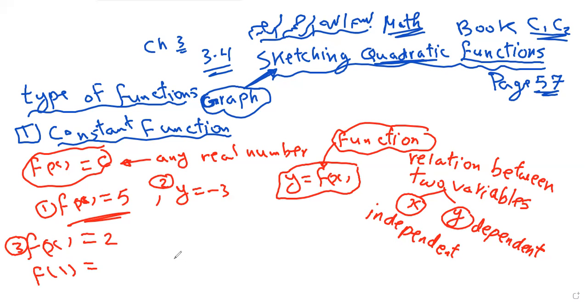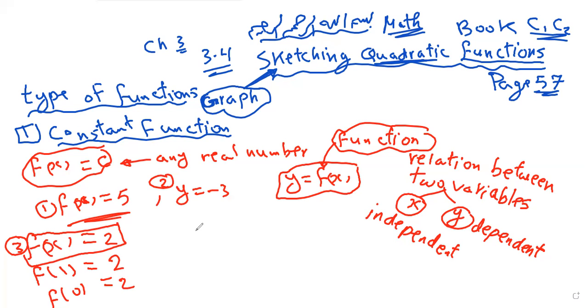Yes, it will be 2. f of 0 equals 2. No x to substitute. This is our function. If you put x for any value, it will be fixed for 2 only.